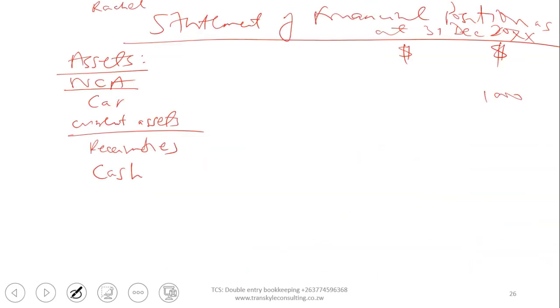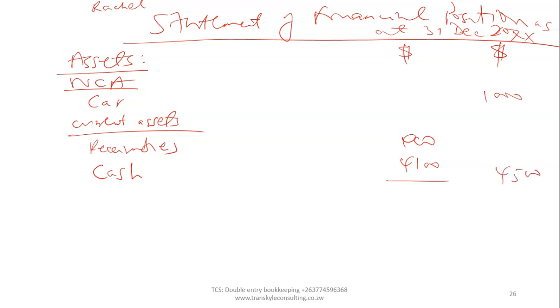The receivables were 400, the cash was 4,100. We add them up and we get 4,500. Then you have to add the non-current assets, and we come to 5,500. That's the assets for the business.